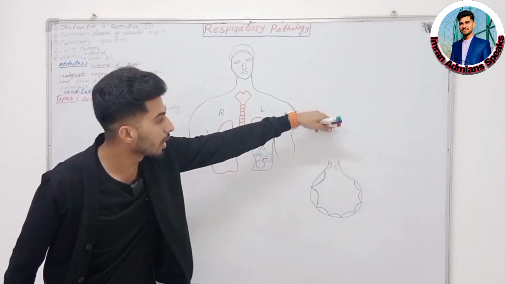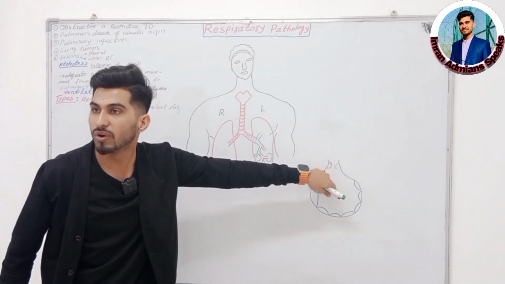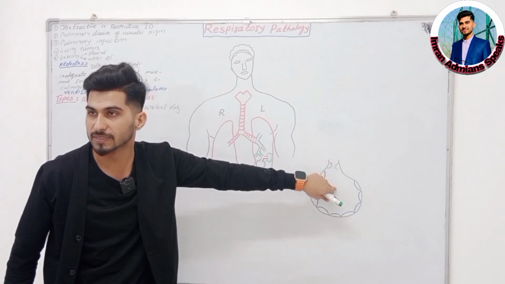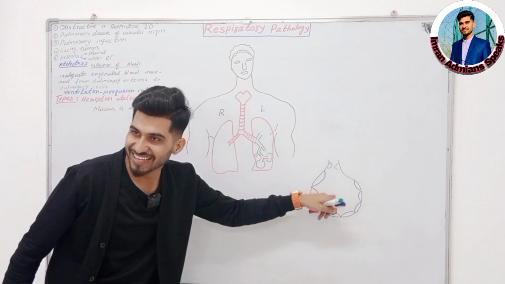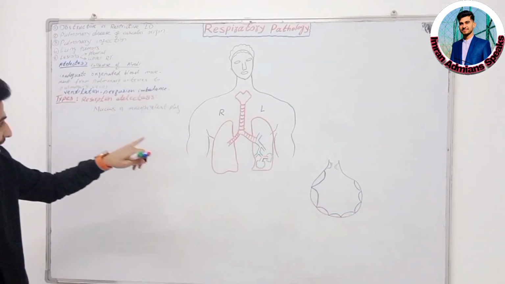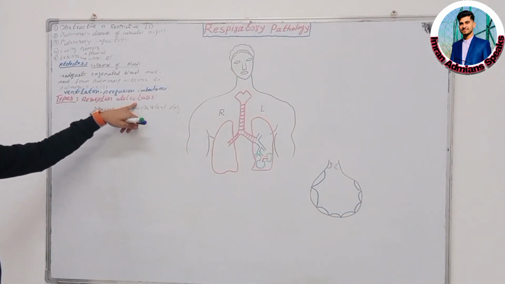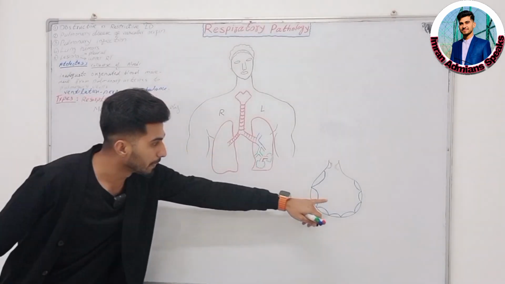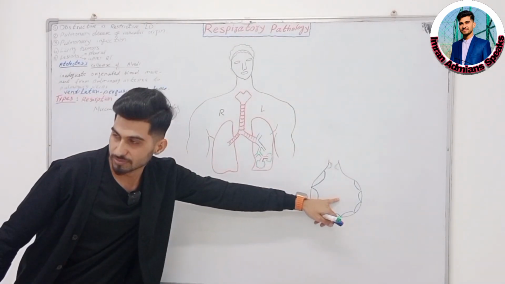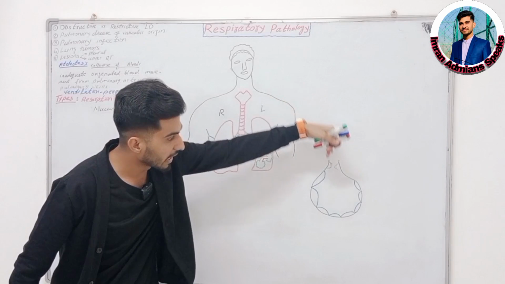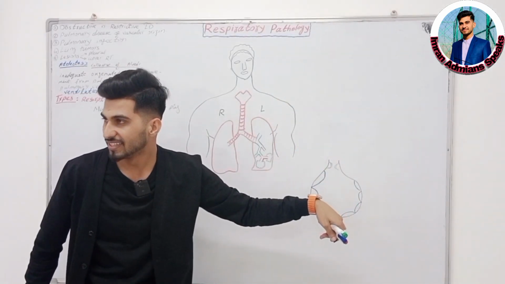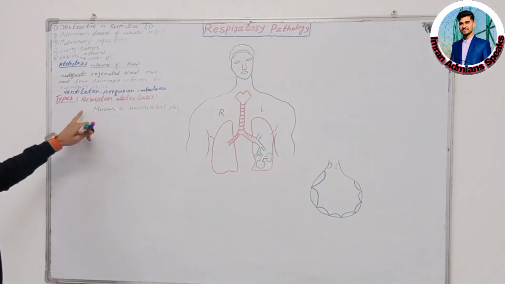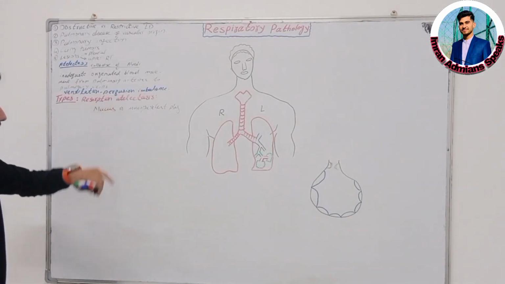Then there will be obstruction of the movement of air into the lungs, and the already present air will be resorbed. That is known as resorption atelectasis. The already present air will be resorbed, but the incoming air will not come inside the alveoli. This condition is known as resorption atelectasis.